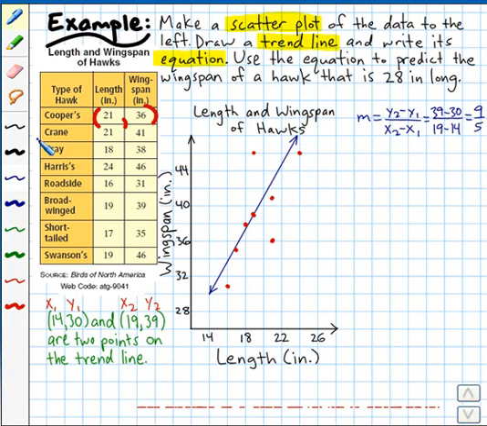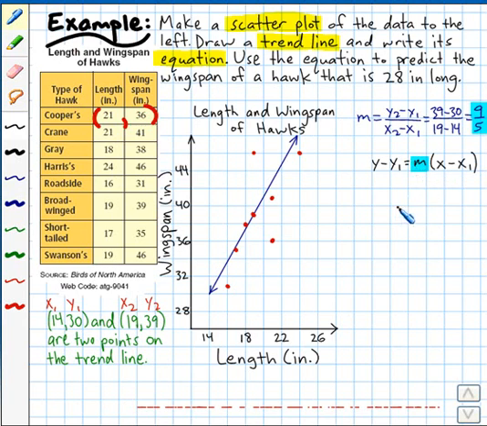So now we're ready to write our equation using the point slope form. Remember, it's y minus y sub 1 equals m times x minus x sub 1. We need to substitute 9/5 for m and the ordered pair (14, 30) for x1 and y1.